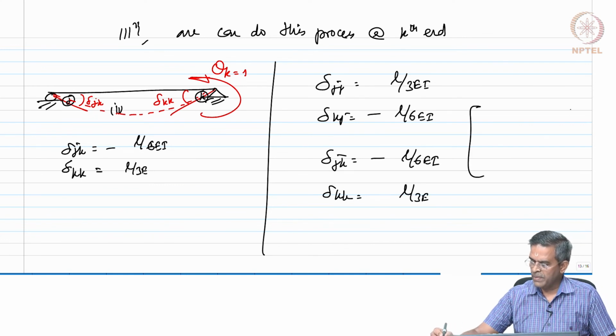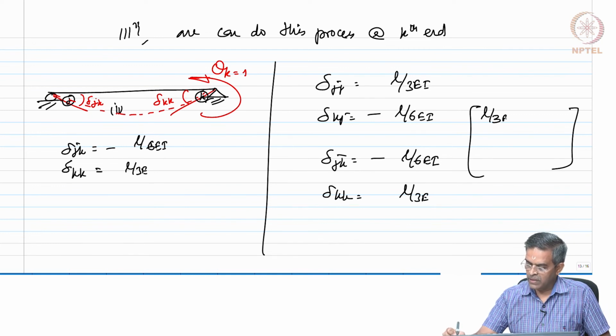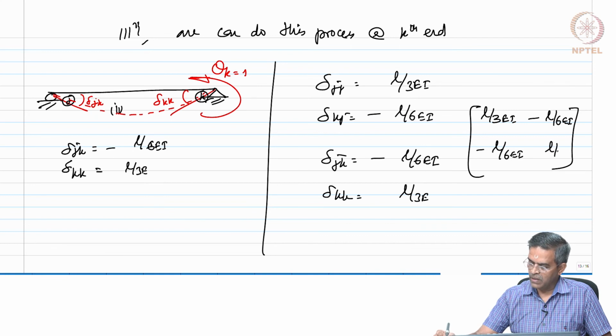I can write this in a matrix form as L by 3EI, minus L by 6EI, minus L by 6EI and L by 3EI. This is my flexibility matrix.